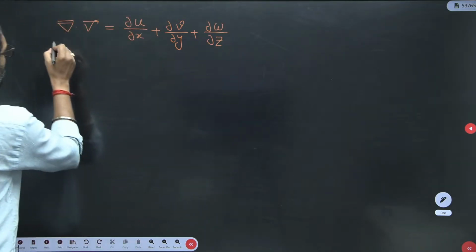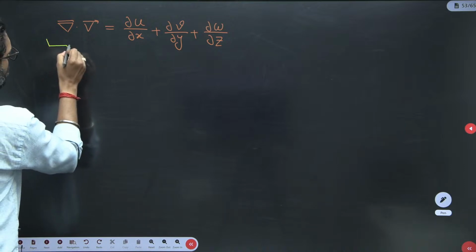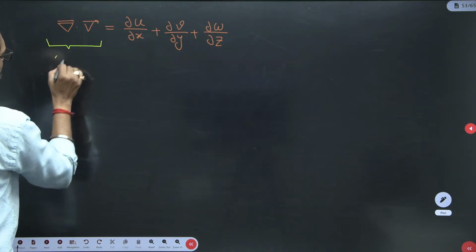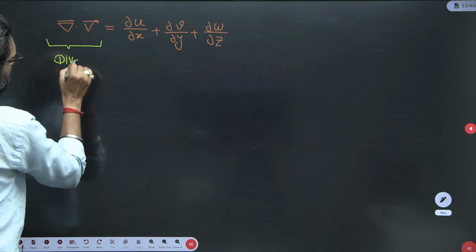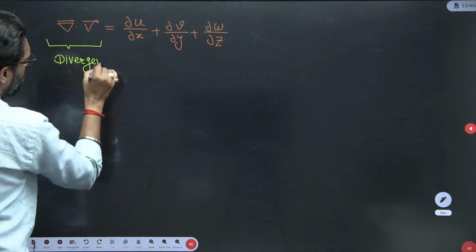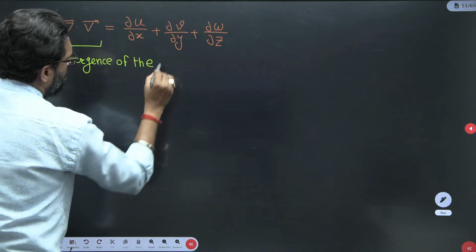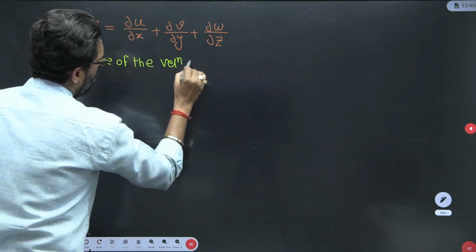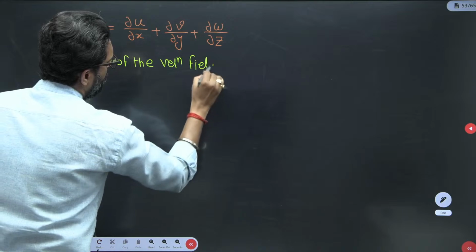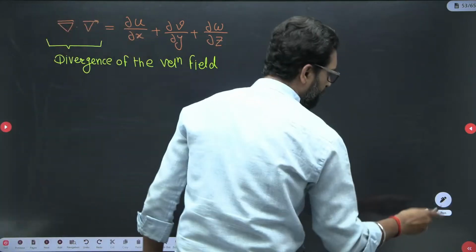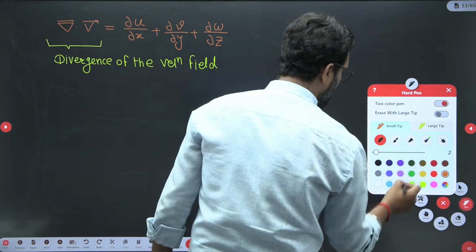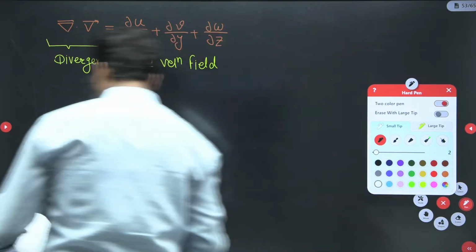And this is the divergence of a velocity field.